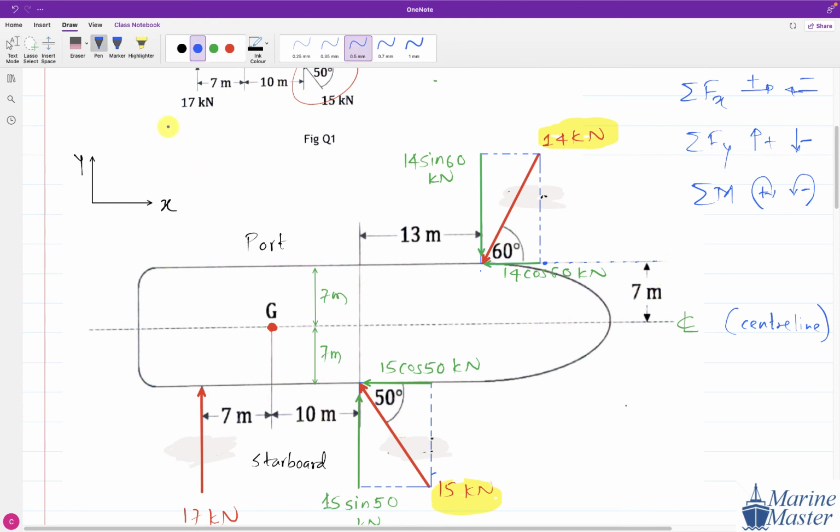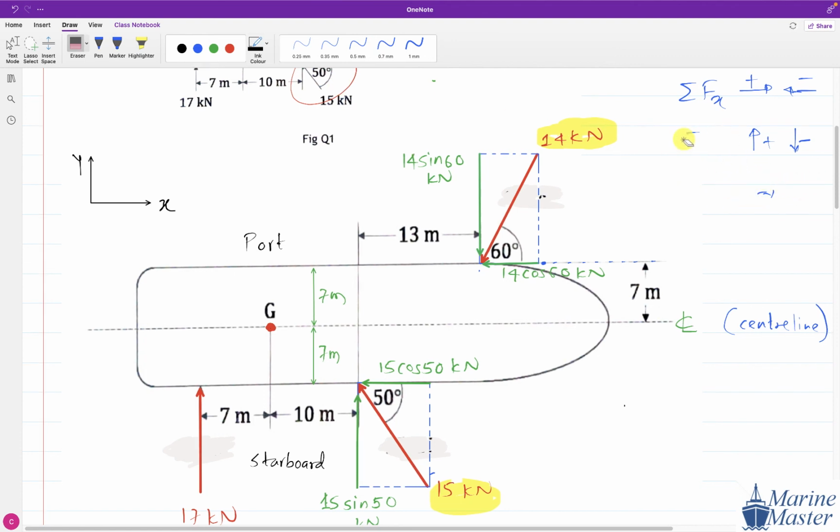So the 17 kilonewton for the moment is positive because it is clockwise. For a moment you have to see clockwise or anti-clockwise; for summation of forces in y you see upward or downward; for summation of forces in x you see towards left or right. You have to practice all these things a lot. Any more doubt? No, sir.